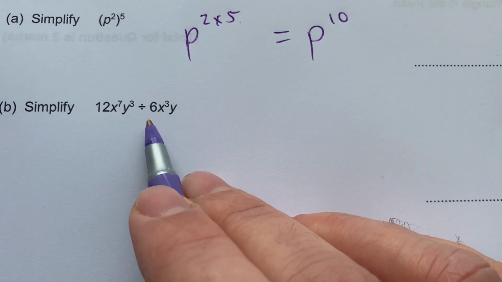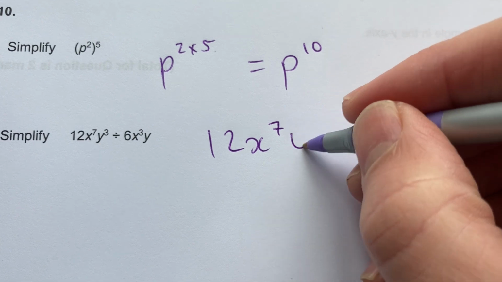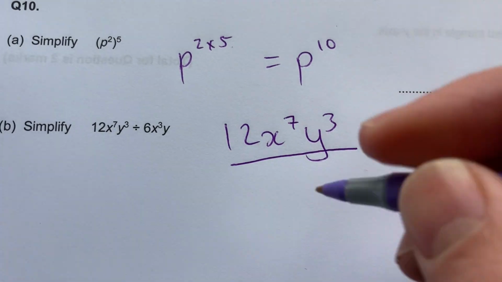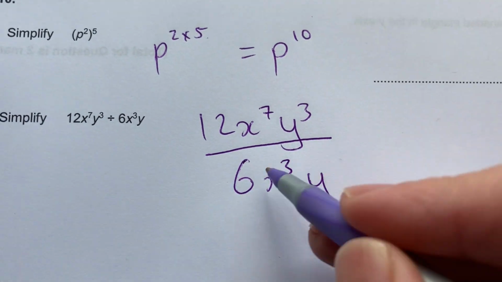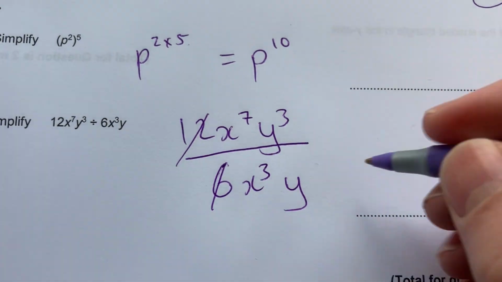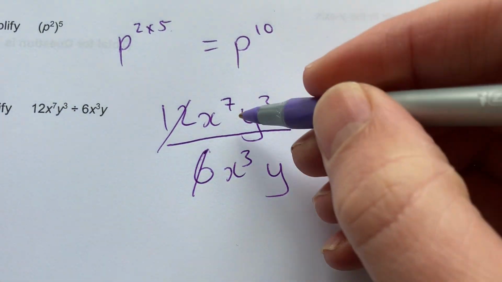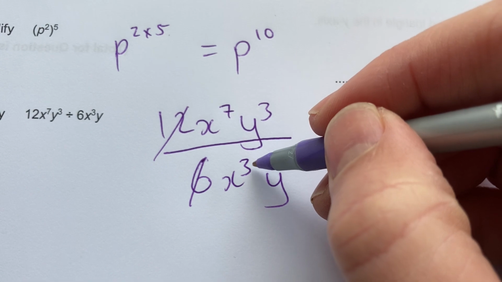Here we have to simplify 12x to the 7y cubed over 6x cubed y. I like to write it as a fraction because then I find it easier to cancel factors. 12 and 6 gives me 2. Here, another index law, x to the 7, you subtract that 3.